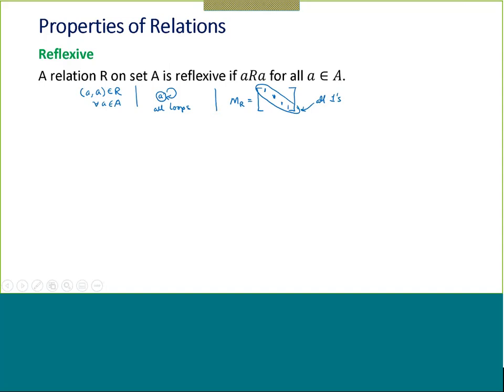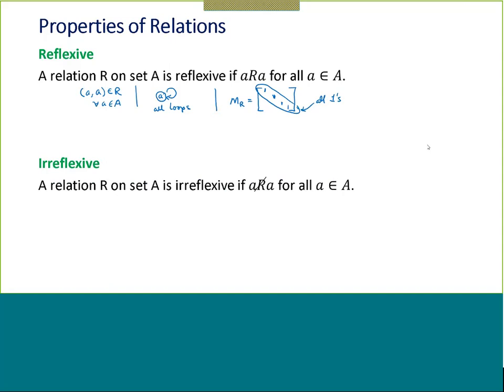Now, the property that is almost always talked about along with reflexive is called irreflexive. If you know anything about the beginnings of words, IR in front of a word basically means not. So this is not just not reflexive, it's the extreme version of not reflexive.